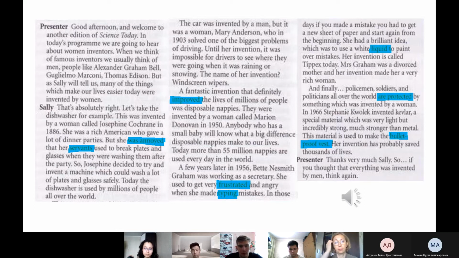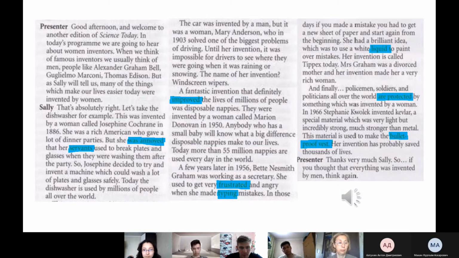A fantastic invention that definitely improved the lives of millions of people was disposable nappies. They were invented by a woman called Marion Donovan in 1950. Anybody who has a small baby will know what a big difference disposable nappies make to our lives. Today, more than 55 million nappies are used every day in the world.